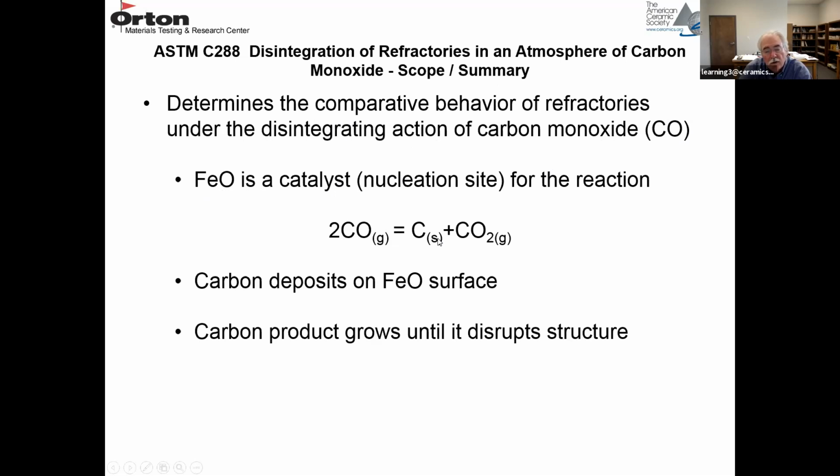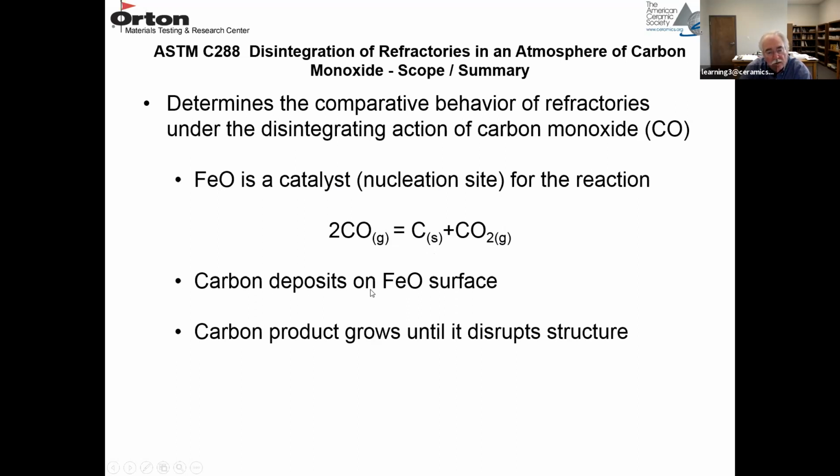The furnace has coke in it, so there's a great deal of carbon, and that forms CO2. So the carbon forms on this catalyst site in the material. The carbon forms and builds up and keeps building up and growing until it disintegrates the refractory. It causes a great deal of pressure and disintegrates the refractory.